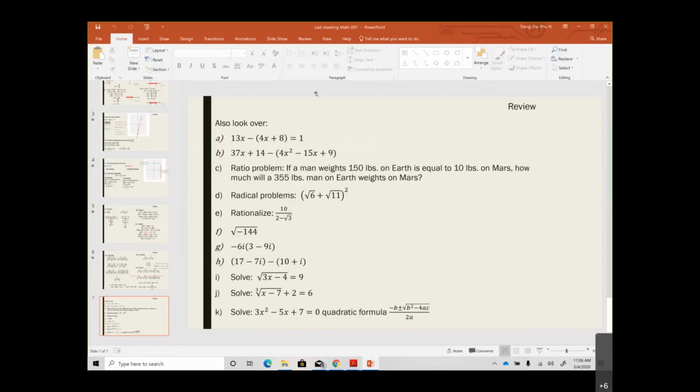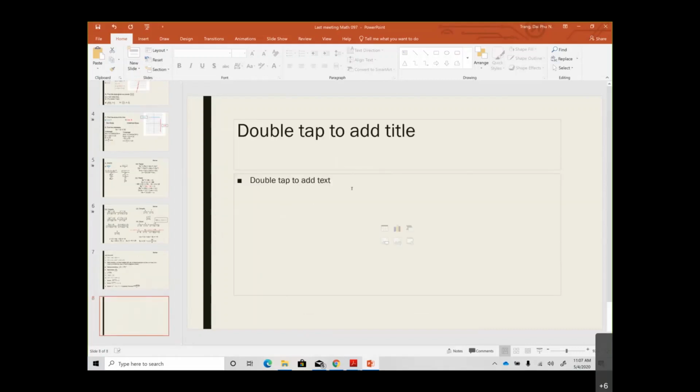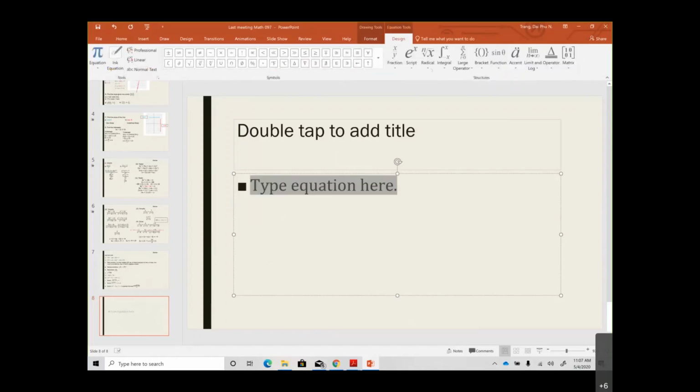Let me create a new slide for you guys and let me make it big. If you remember, I mentioned this last time. They tell us that a 150 pound man on Earth is equal to 10 pounds on Mars.